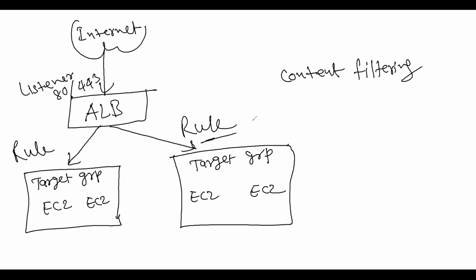We can define a rule for content filtering based on some URIs, if the request is related to some particular URI, or maybe the request is coming from some particular host name.